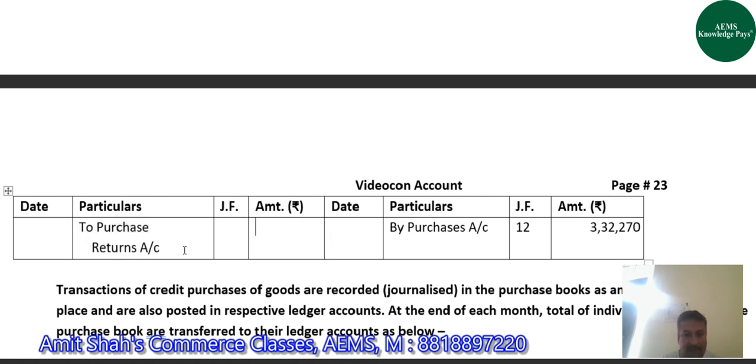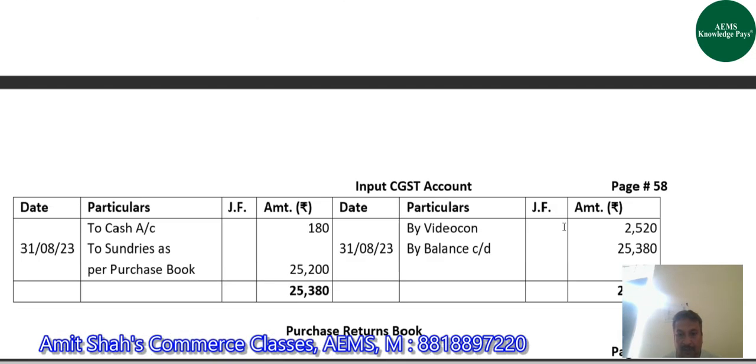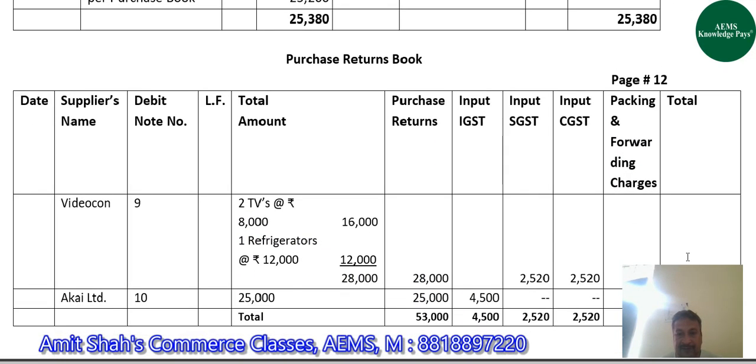The amount that will come in the amount column is the total amount which we will bring from the purchase return book, that is 33,040.